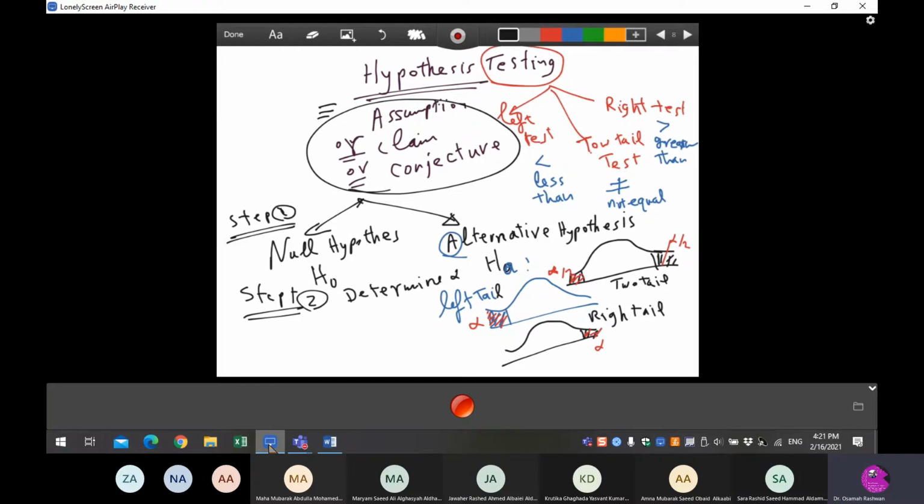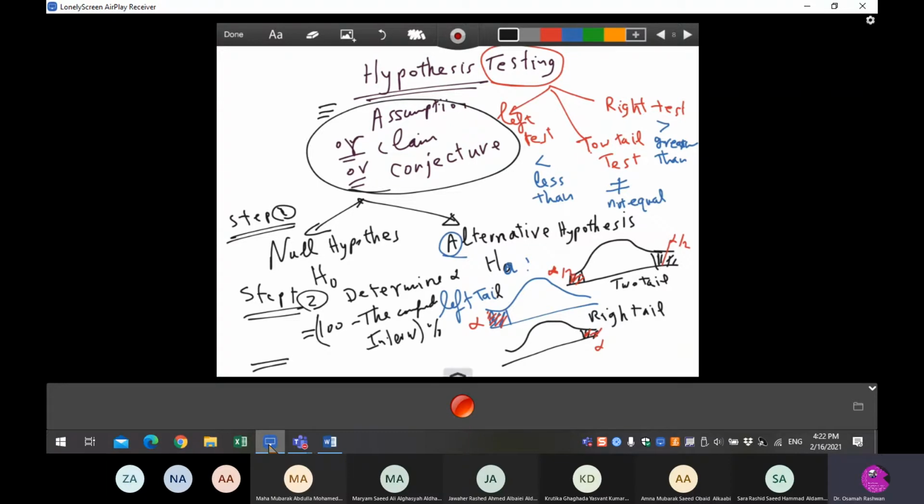If you don't have alpha and you're given the confidence interval, you just subtract 100 minus the confidence interval, and you have the percentage of this one.